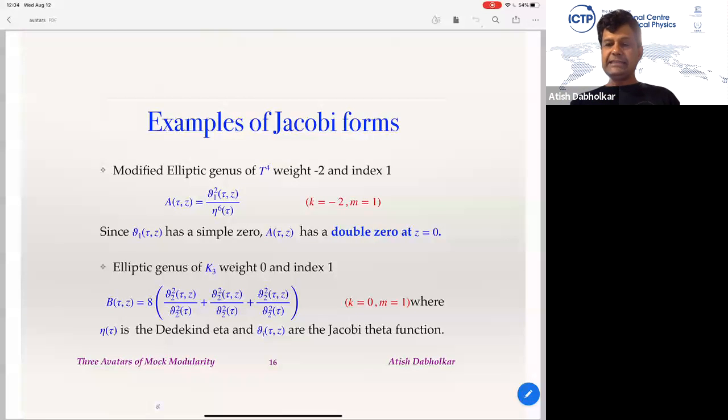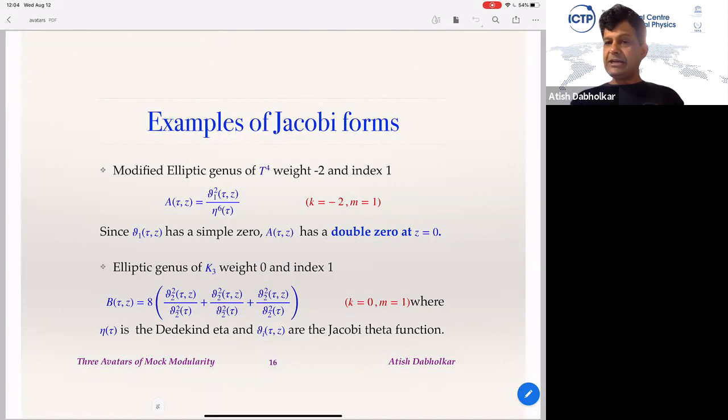And for K3, the central charge is 6 because you have 4 bosons and 4 fermions. So in the large volume limit, the central charge is just 4 bosons plus half for 4 fermions. And the weight is basically the central charge divided by 6. So this you can derive.